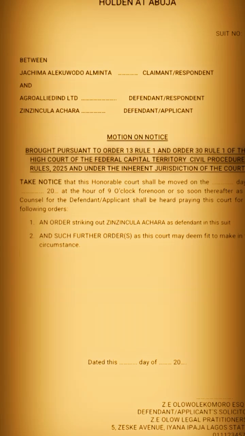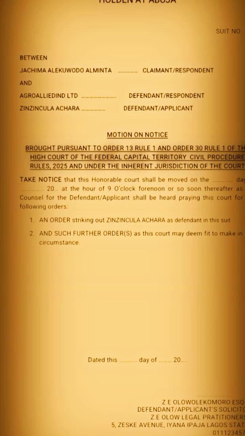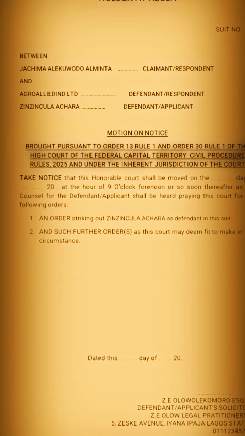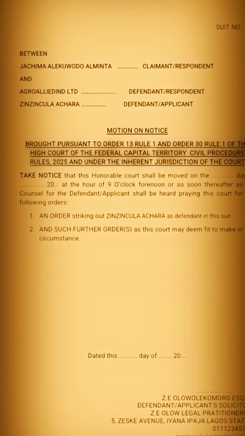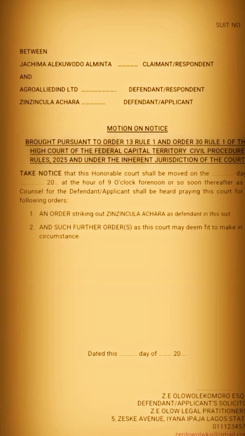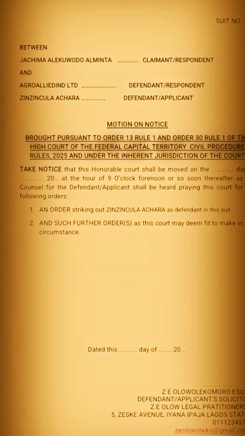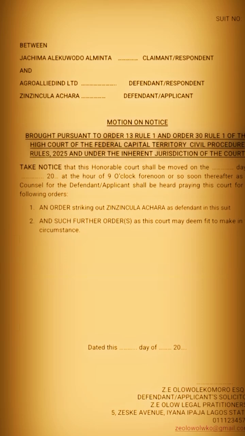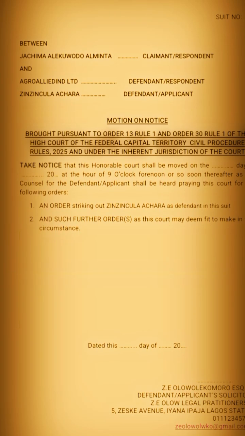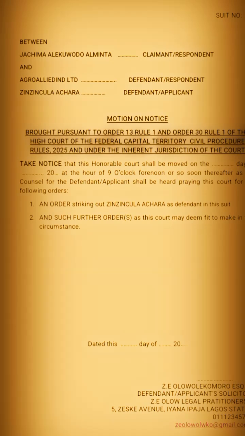But now, these parties are in the substantive suit, so we don't need to add another "and". That's why we have just one "and" joining the claimant respondent and the defendant respondent and the defendant applicant together.